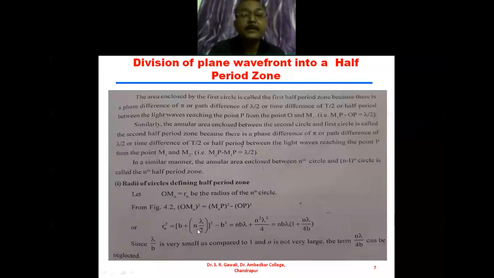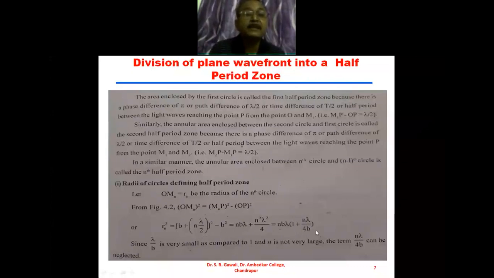If we solve this, then we get n b lambda plus n square lambda square upon 4, because the first term will vanish. We will expand this using the expansion, and from that the first term will be removed. So we get here n b lambda in bracket 1 plus n lambda upon 4b.